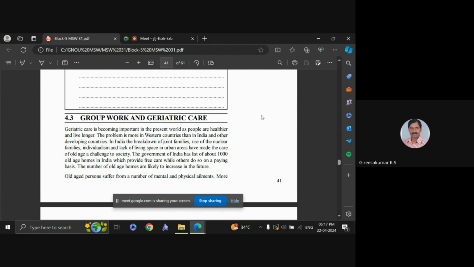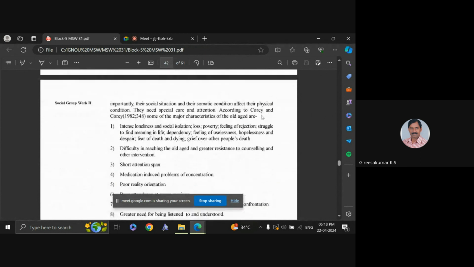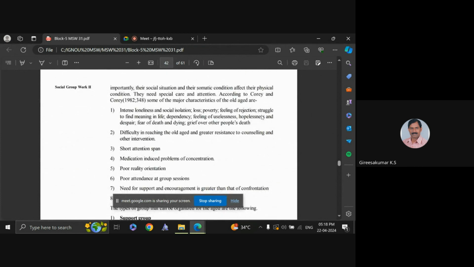So many ailments will be there in the case of parents. Yes, that is geriatric care. They may feel loneliness, isolation, then be resistant to counseling and so on.